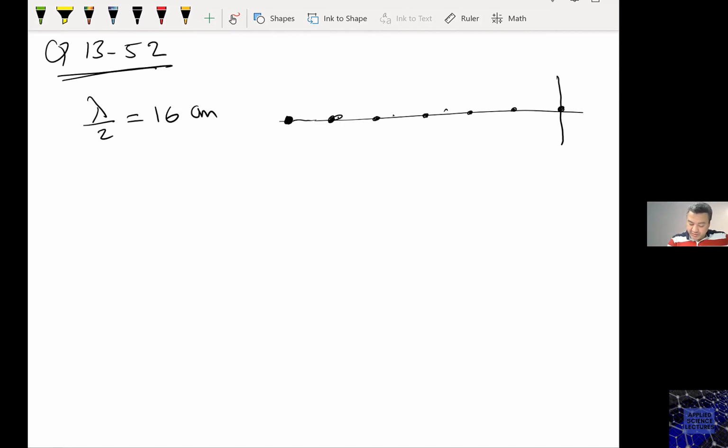This is the one that is going up and down in a very small displacement, such that we're considering it here. It's a node.